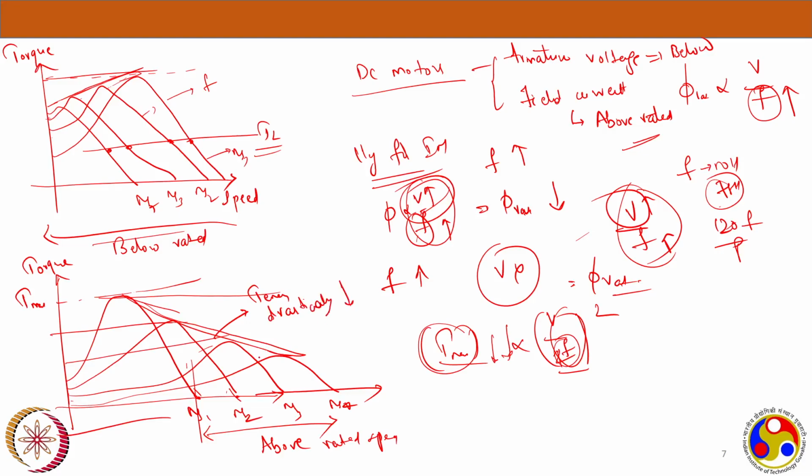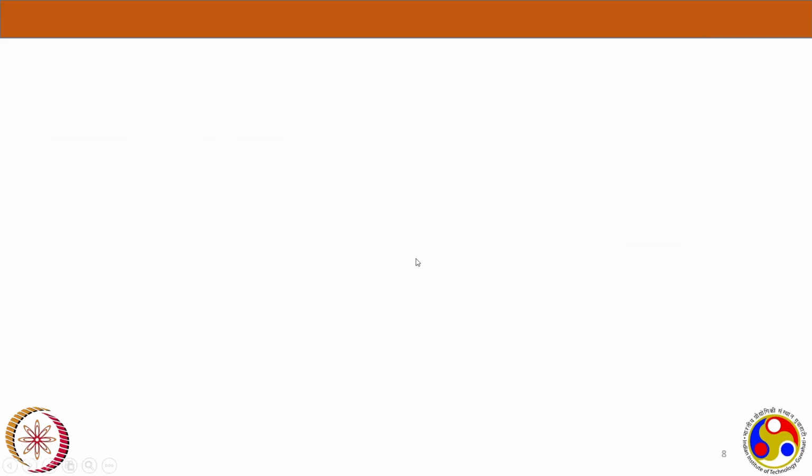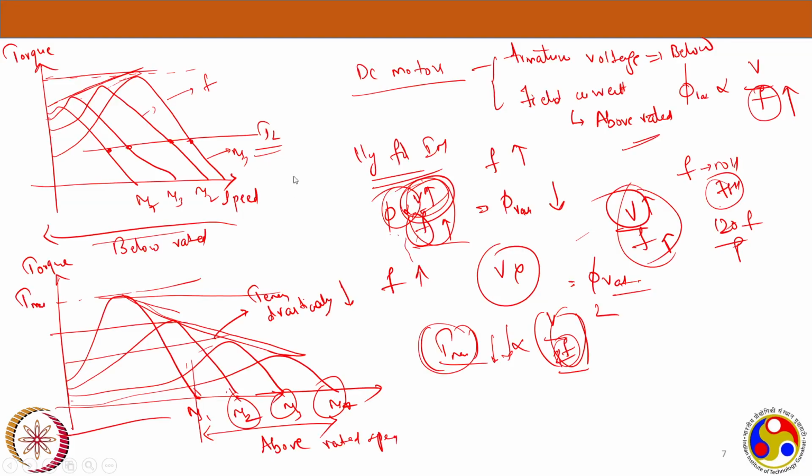Another thing is, for every different speed you have different fluxes, right? You are keeping the V constant and increasing the frequency, so you are reducing the flux as well. It is nothing but similar to field current control in DC machines. There also you are controlling the flux.